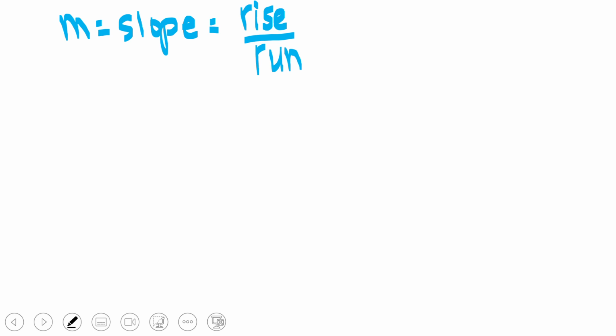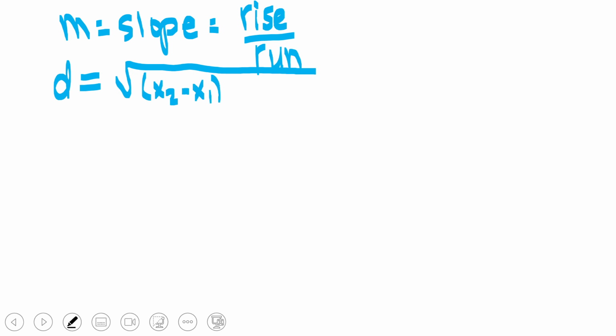Also, our distance formula, which we'll need shortly, is the square root of the quantity x2 minus x1 squared plus y2 minus y1 squared, all under that root symbol. Those kind of ran together.